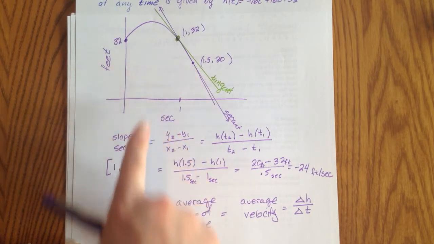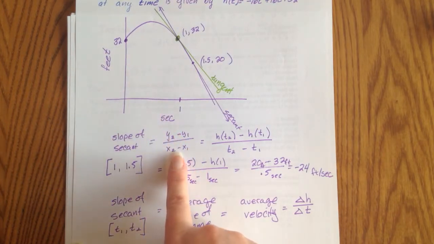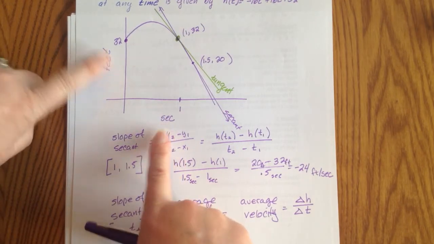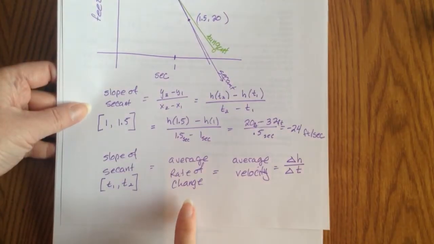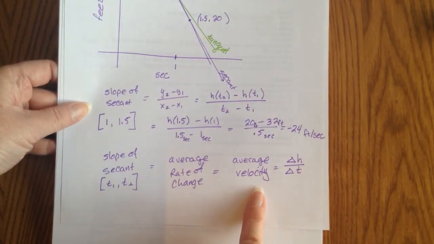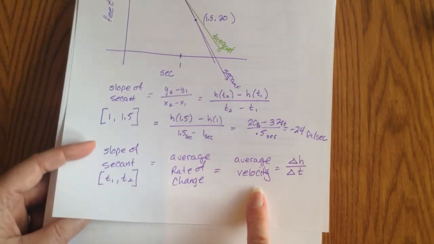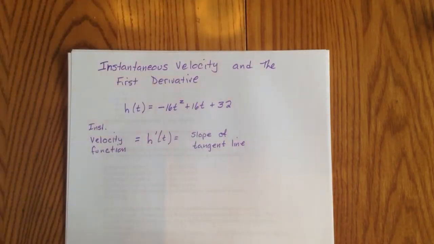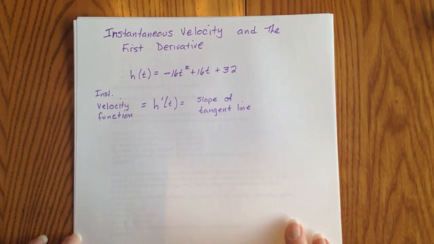Plain y sub 2 minus y sub 1 over x sub 2 minus x sub 1, I think I said that wrong, is the slope of the secant line. And the slope of the secant line, when you have position and time, will give you the average rate of change, average velocity.